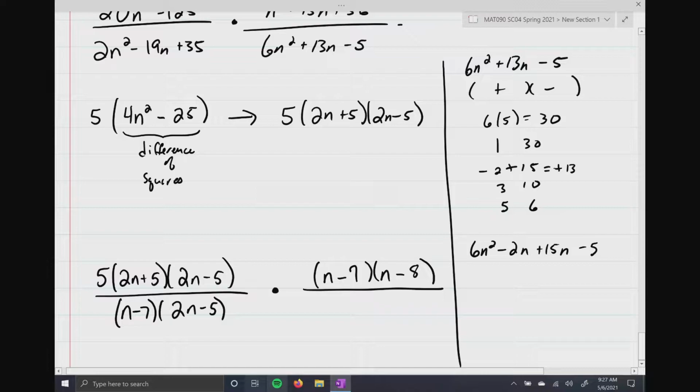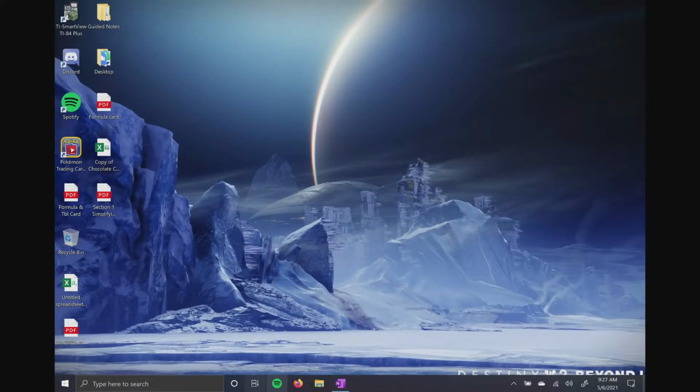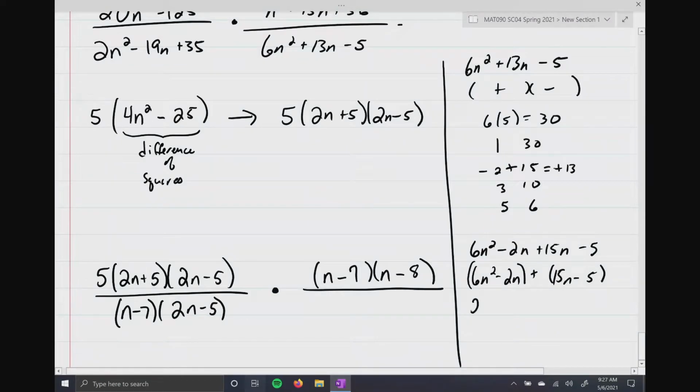Now I'll group 6n squared minus 2n plus 15n minus 5. My GCF for the first grouping is going to be 2n. So that's going to give me 3n minus 1.